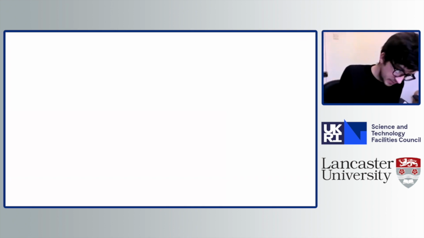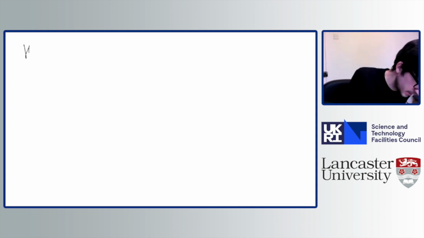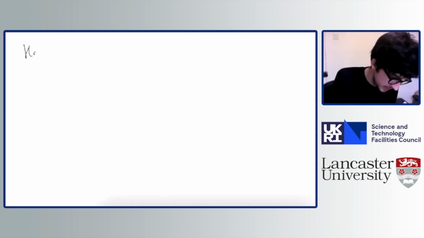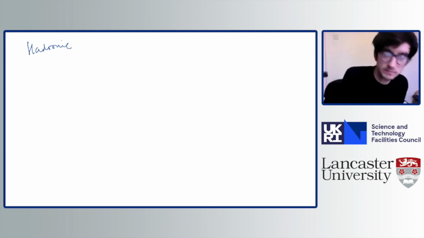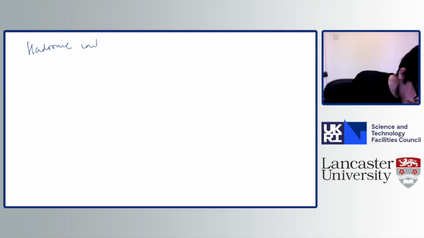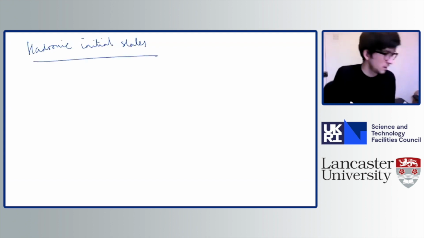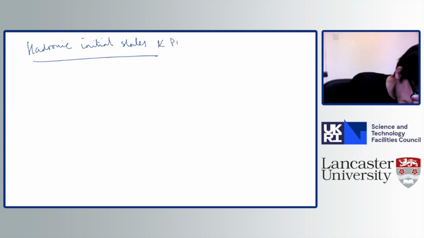So okay, let's move a little bit closer to what we do at the LHC. But as I say, as I've just discussed, all of that is very relevant. So not to forget that. But now let's talk about hadronic initial states. And in particular, PDFs.